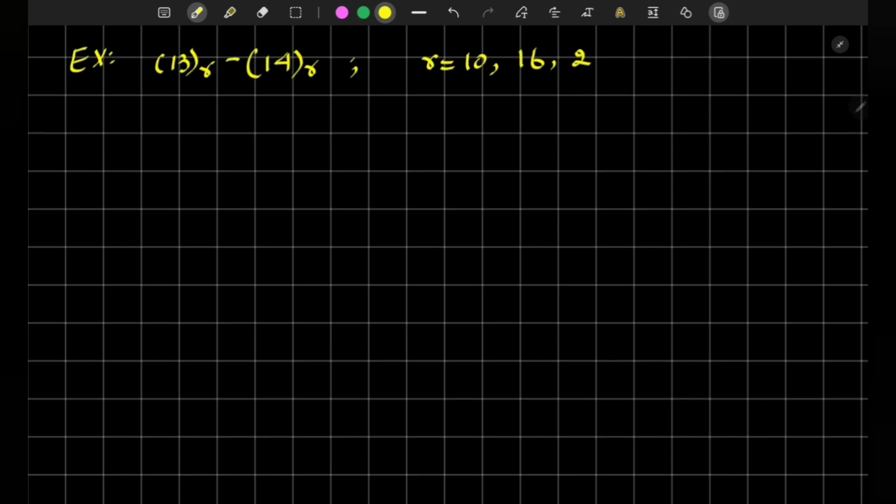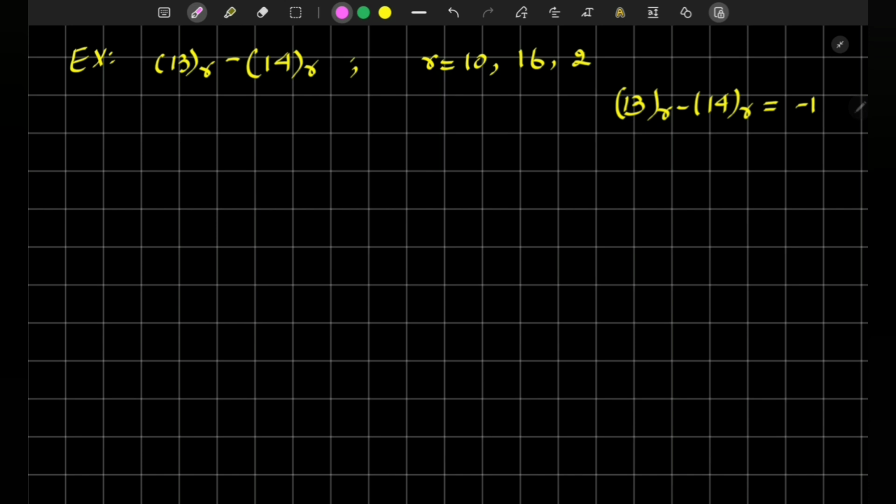For this, consider the example 13 in base r minus 14 in base r, and we will do this for r equal to 10, r equal to 16, and r equal to 2. In any number system, 13 base r minus 14 base r will always equal minus 1.